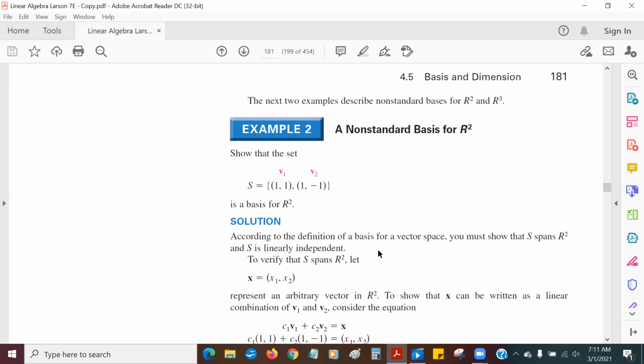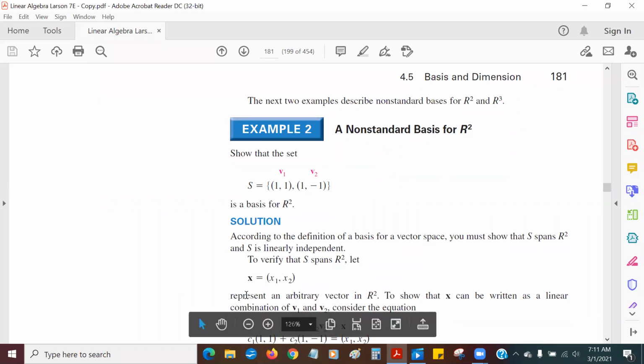According to the definition of a basis, we have to show that this set spans R2, and then additionally that it's linearly independent. Let's do one thing at a time. Let's verify first that our set spans R2. Let's pick a vector X with two components, X1, X2, just an arbitrary vector in R2.